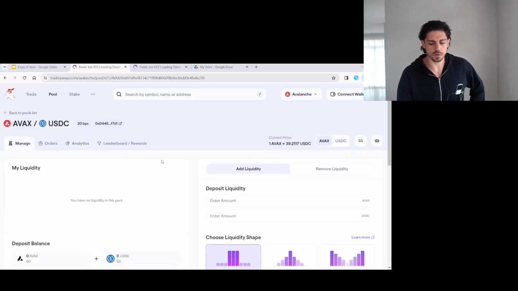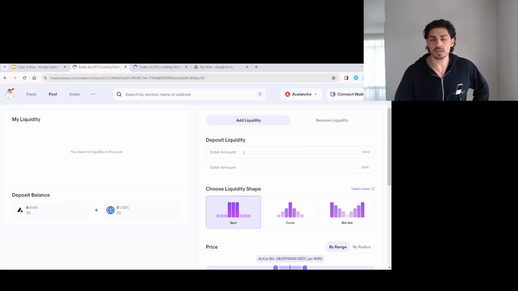Now, if we wanted to participate in this ourselves, say we wanted to add liquidity to this, we'd have to add 50 parts Avalanche, 50 parts USDC in order to become a liquidity provider. So if I have one Avalanche, then I would need to add, I think, $37 or whatever the price of Avalanche is that day, $37 worth of USDC to become a liquidity provider.